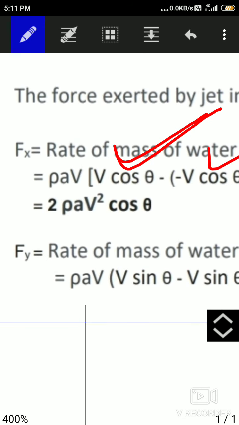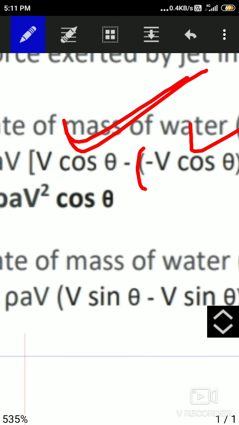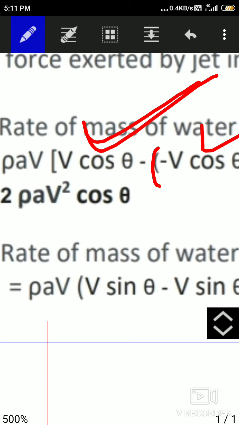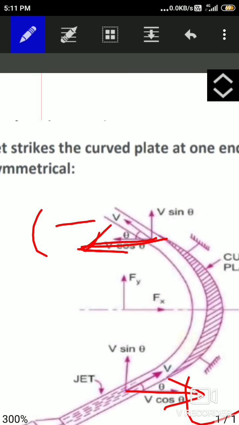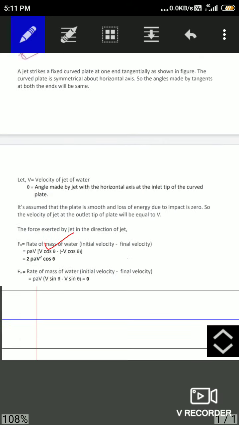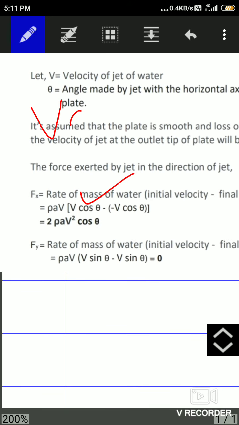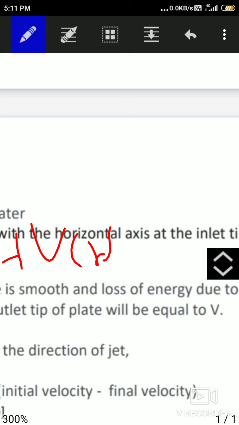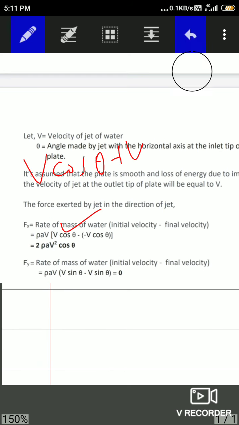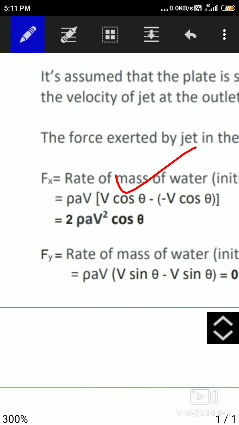So finally, if we open this bracket, it will be v cos theta plus v cos theta, which is equal to 2v cos theta, sorry, I was wrong earlier.